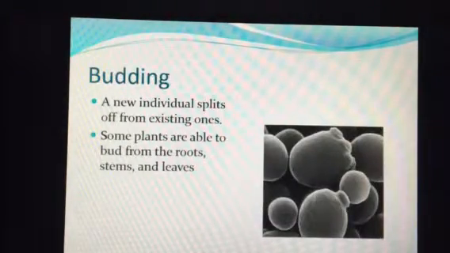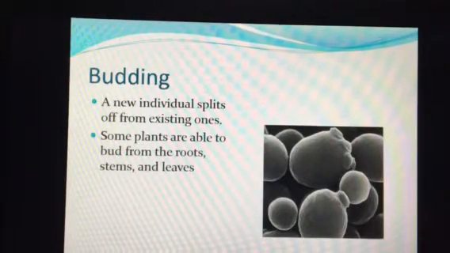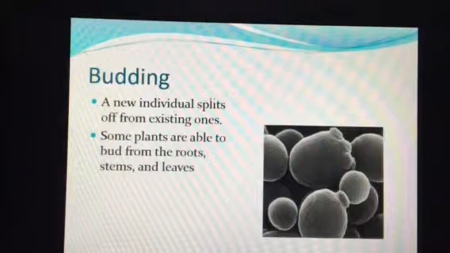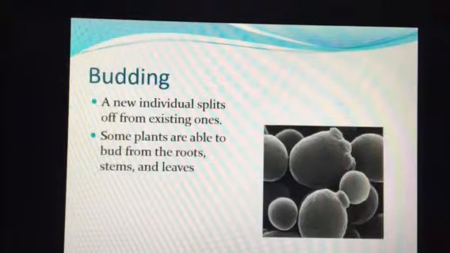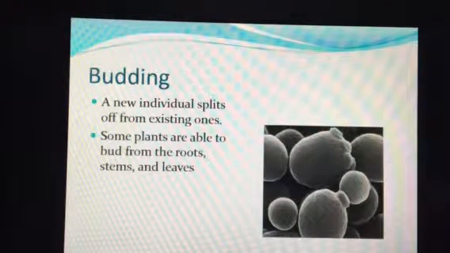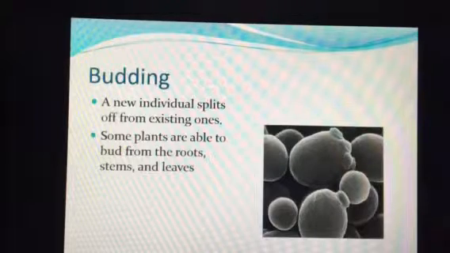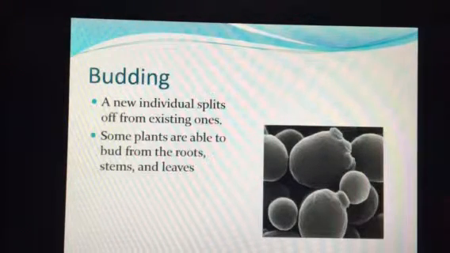Then we have budding. Budding is also a form of mitosis. And so with budding, different from binary fission, you will see that you have these little pimple-like appendages or smaller bumps form onto the parent cell, and they're actually going to bud and form a smaller version of that cell.